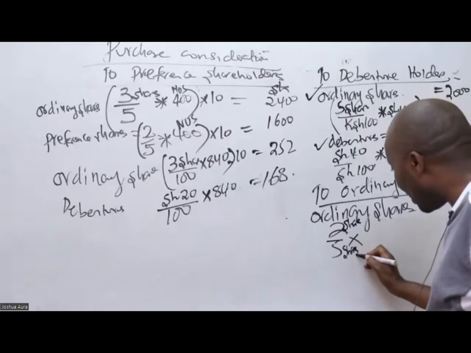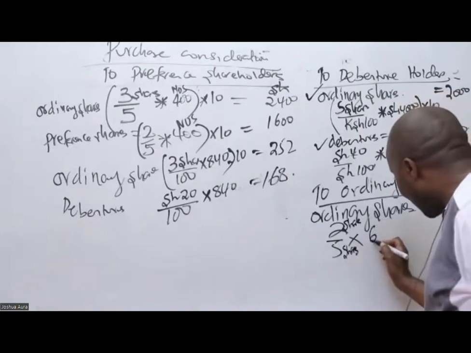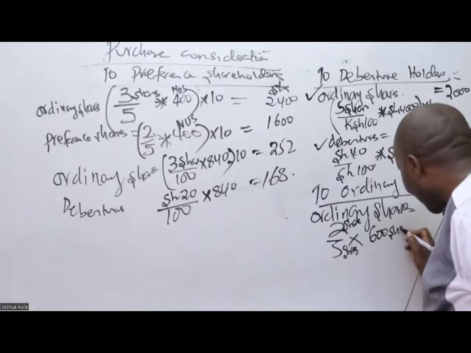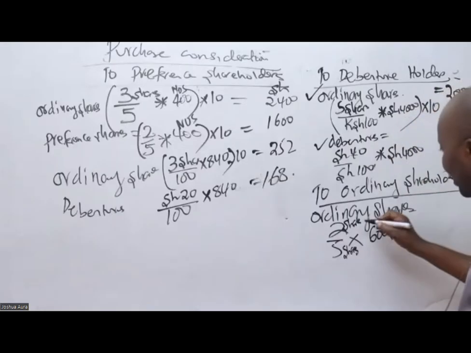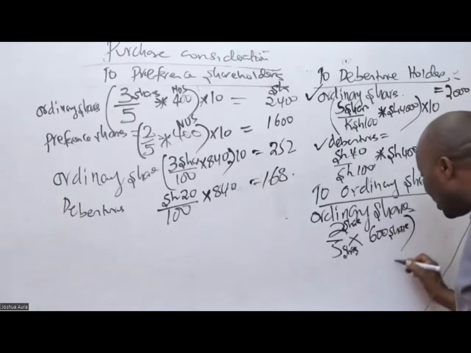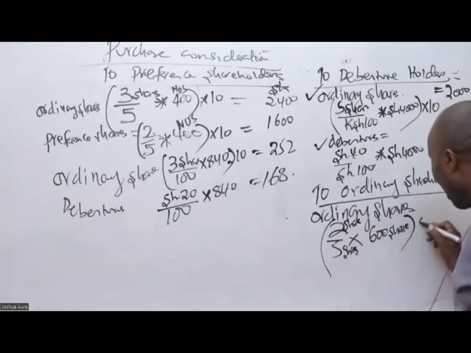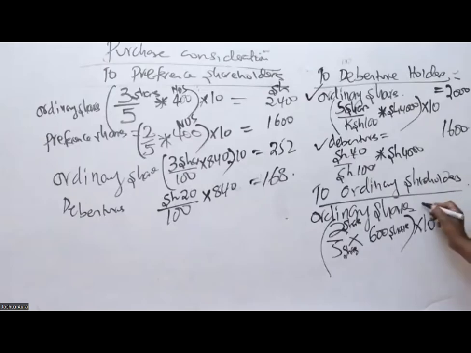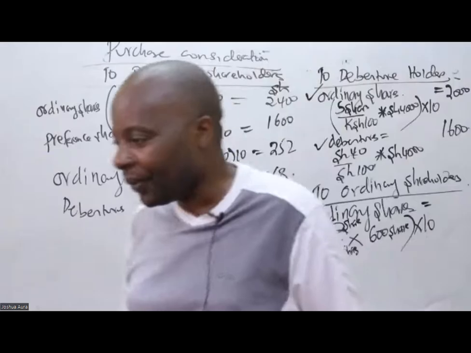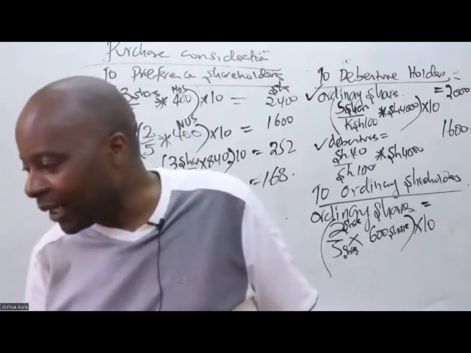These 5 are shares, so these must be shares as well, so that shares and shares will cancel and at the end we get shares. So you will need the par value per share, which is 10. Already they have given me an answer.